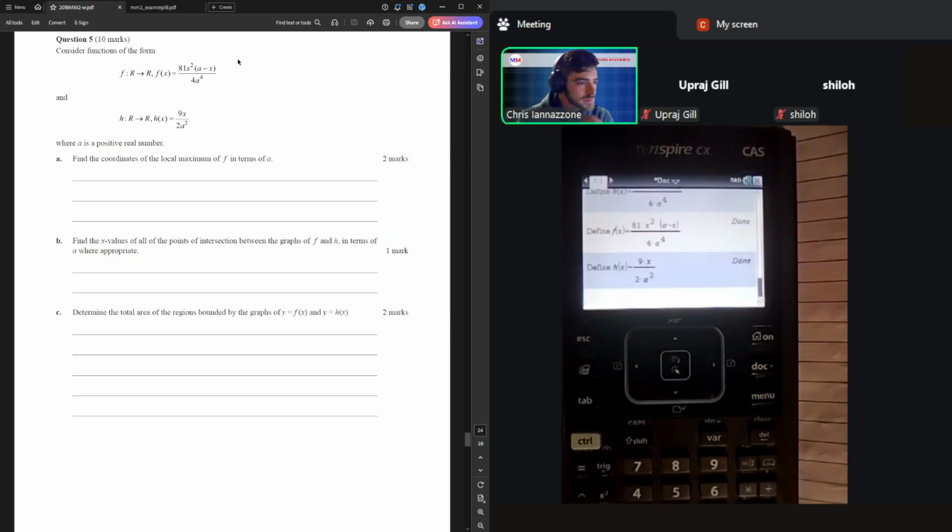Find the coordinates of the local max of f. So for finding a local max or local min, there's one standard procedure for doing that tech free, and there's 2, maybe 3 ways of doing it tech active.